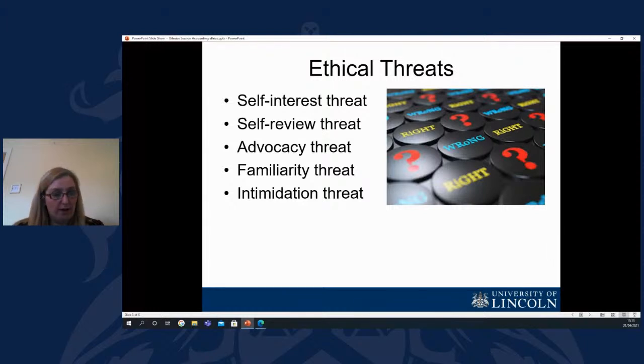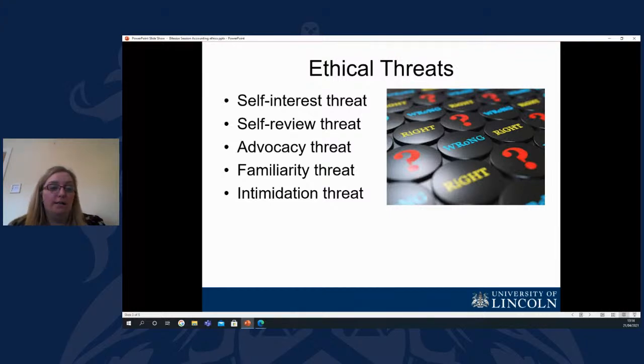And the final threat that's broadly recognised is an intimidation threat. So an intimidation threat could be something like they tell you to give them the right advice or they will hurt somebody. But that's not something that really happens in real life. I mean, I'm not saying it's never ever happened, but I've certainly never heard of it happening.